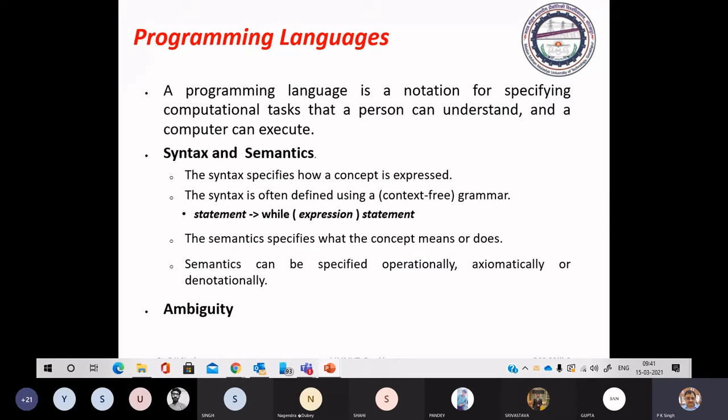Suppose this is a symbol of the English alphabet, B. If you write B-O-O-K, it means it is book. It will convey some idea. This is a word.